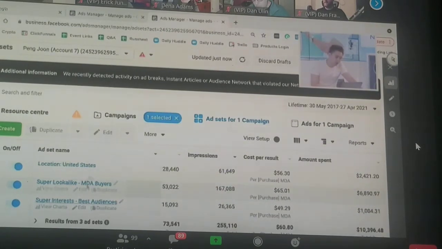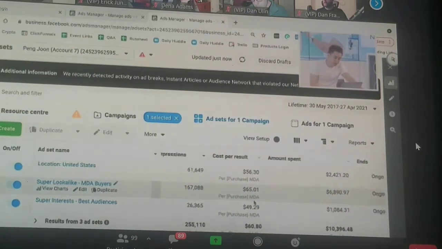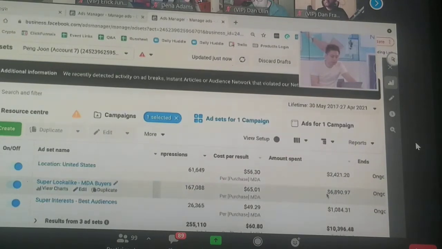So what we do here is, because we put these three ad sets into one campaign, here's what happens. Usually Facebook will start off with what's familiar and comfortable to it. That's when it will start spending money on the lookalike buyers, because to it this is a no-brainer, and based on the algorithm, we know that this is going to get us good results.